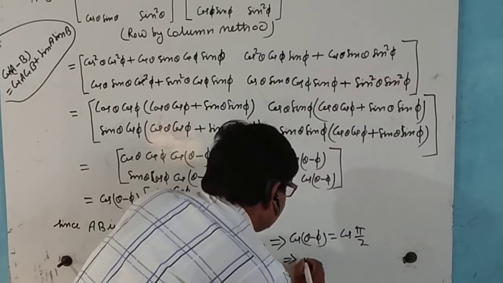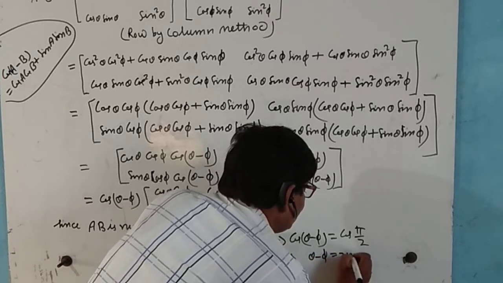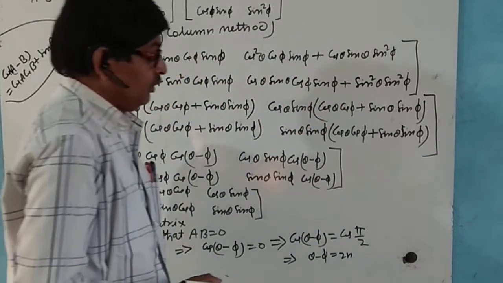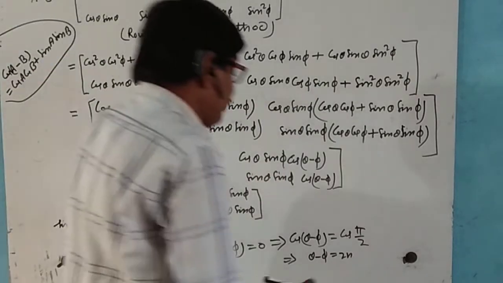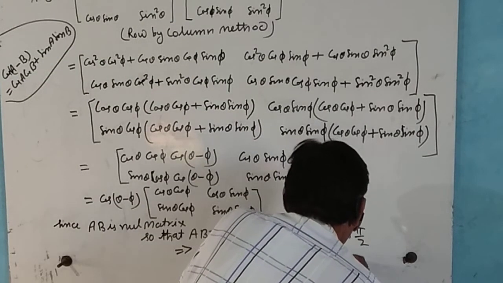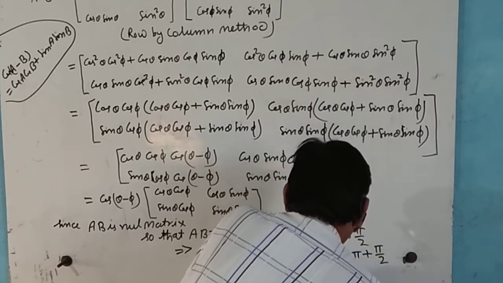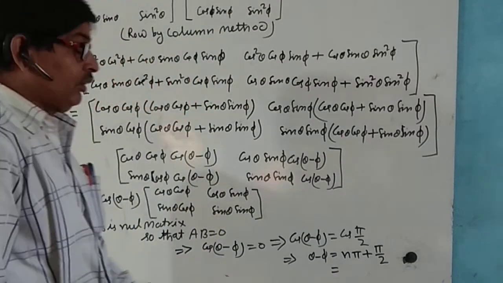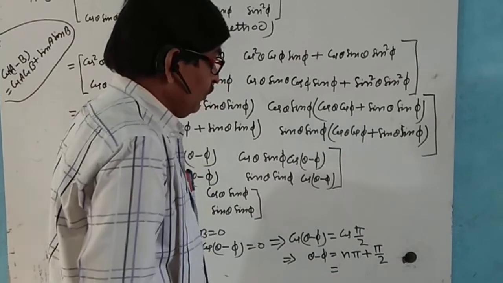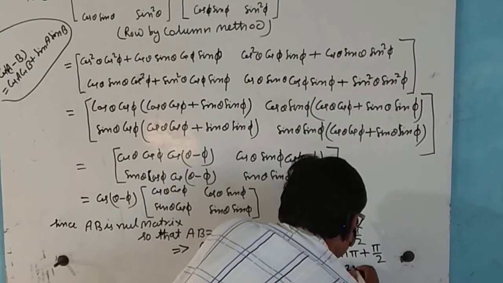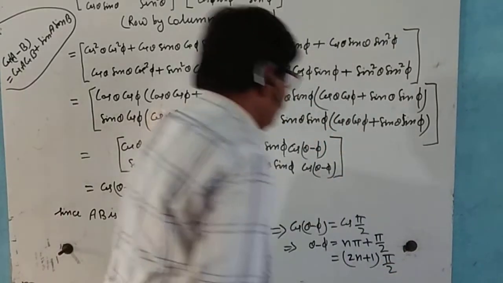It means that theta minus phi equals n pi plus pi by 2, which is equal to (2n plus 1) pi by 2.